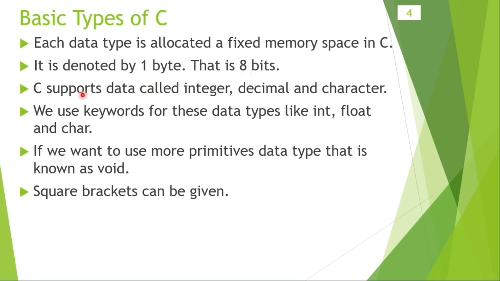C supports data called integer, decimal and character. Three types of data are supported by C. So we use keywords for these data types, which I already mentioned in a previous slide: int, float and char.